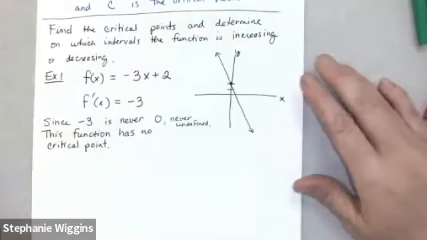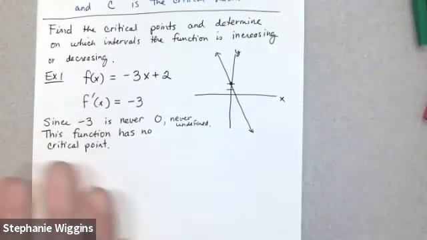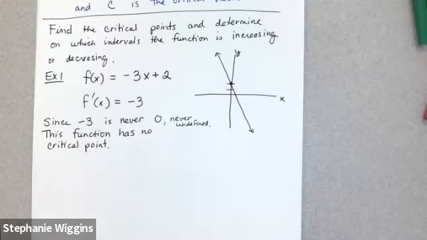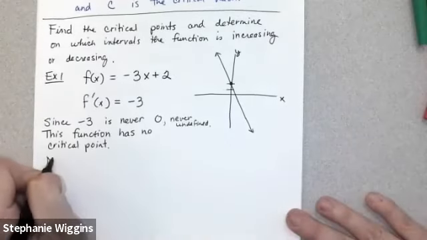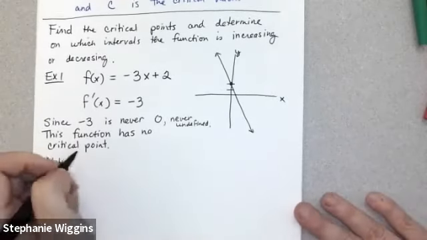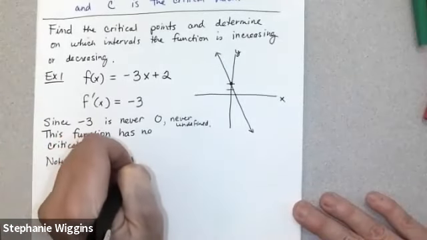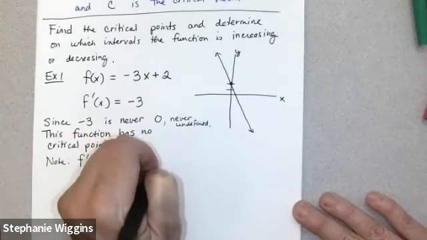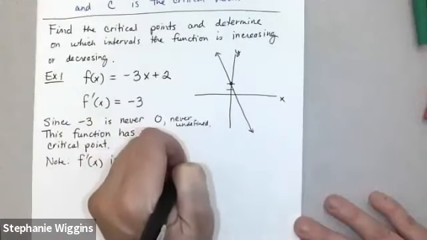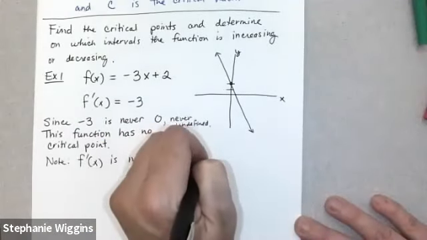And we can see from the graph, it never turns and it never has a sharp point or a break. It's just a smooth straight line that's always decreasing. And that's the other point. Note f prime of x is negative over the entire x-axis.